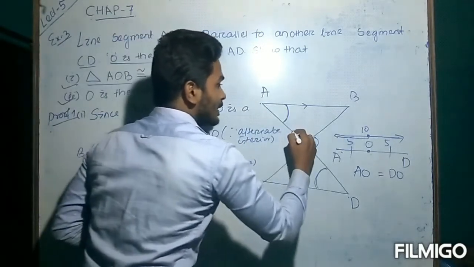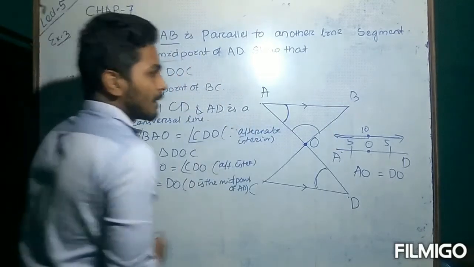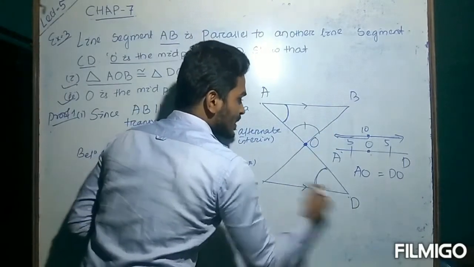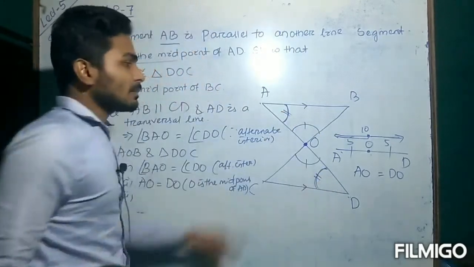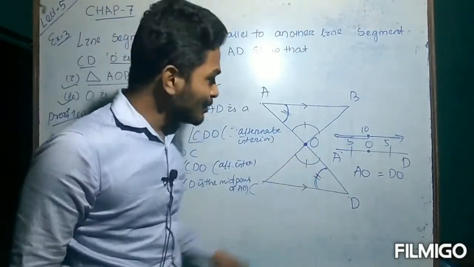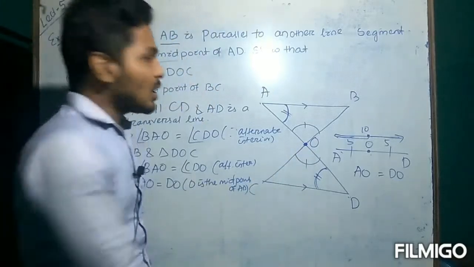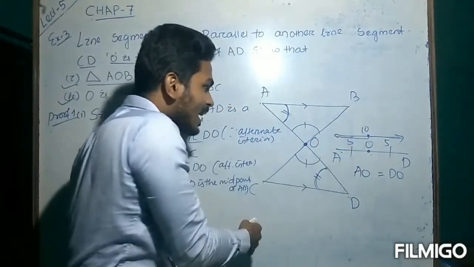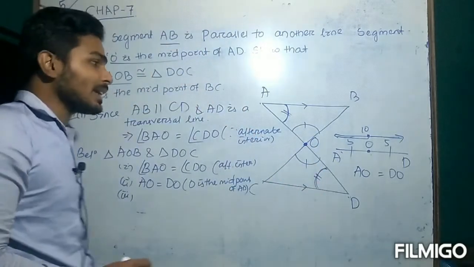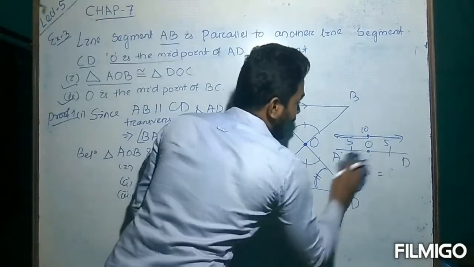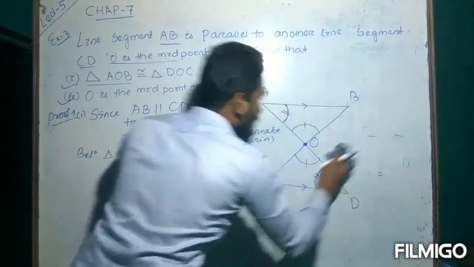In this triangle, this angle is equal to, in this triangle, this angle. Tell me why these two angles will be equal? Because they are vertically opposite angles. Whenever this line and this line intersect each other, the pair of opposite angles are known as vertically opposite angles, and the vertically opposite angles will be equal.